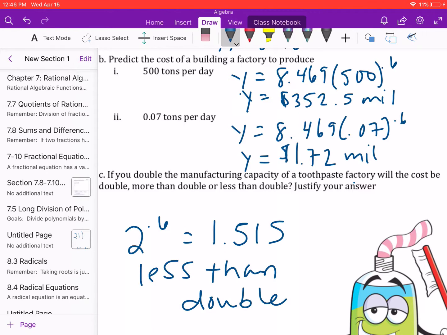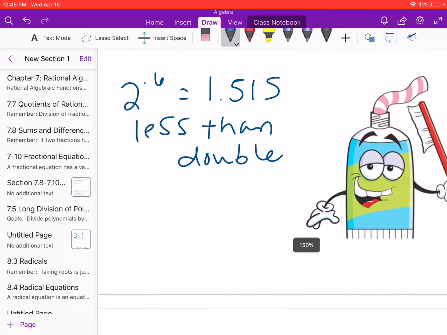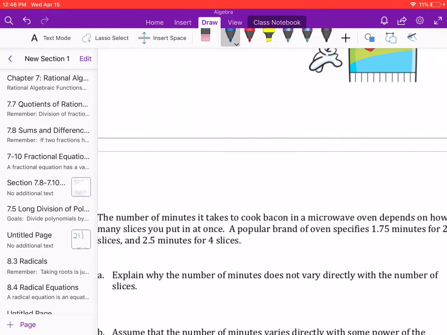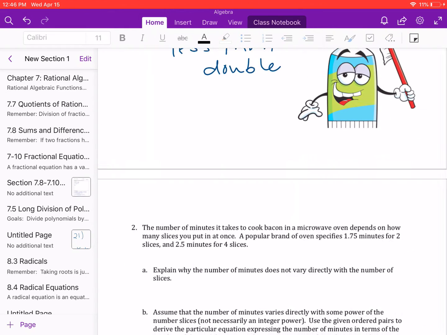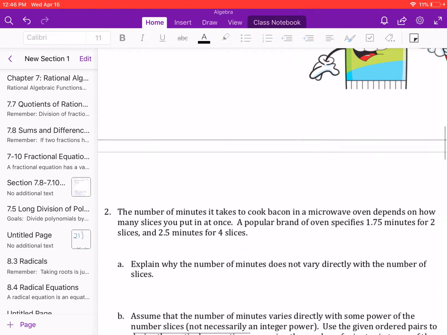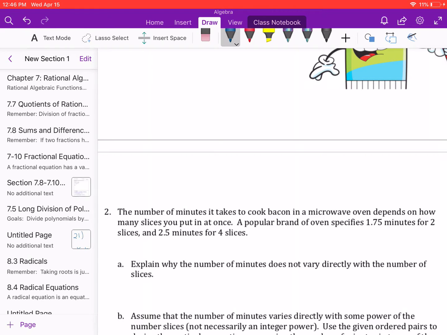So if we take 2 to the 0.6 power, which is the power we're given, if we in our calculator take 2 and raise it to 0.6, we come out with 1.5157. And that number is less than double, because it's not a linear relationship.